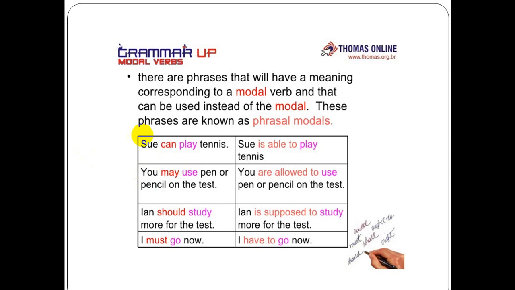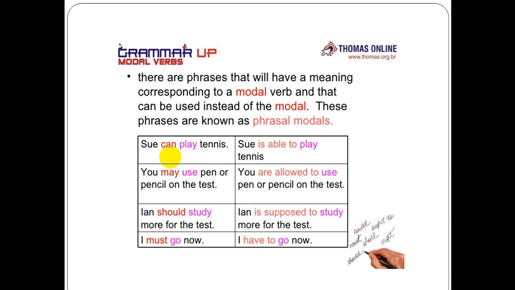So we can say "Sue can play tennis," "Sue is able to play tennis." For example, "Hassan and Joanne can carry the heavy boxes." Here they are able to carry heavy boxes.